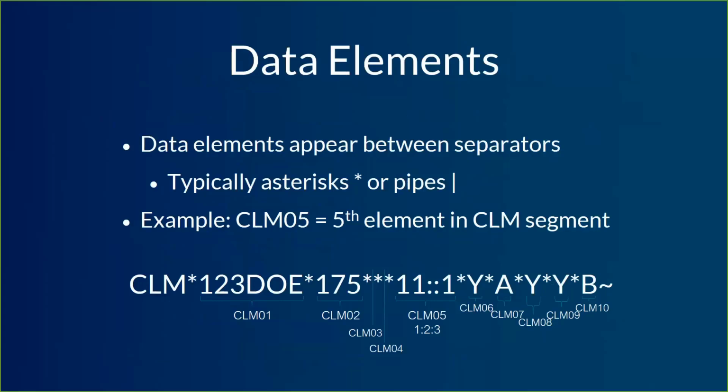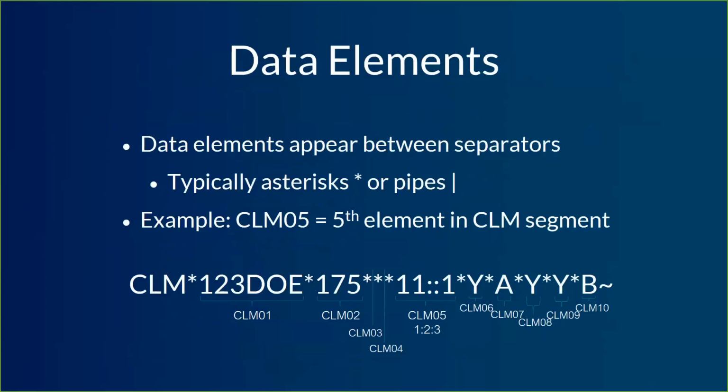When there's a subposition present, there's going to be a different type of separator. In this case, it's a colon. Usually it's either going to be a colon or a caret, which is the symbol above the 6 on your keyboard. And the way we usually talk about this, in CLM05 subposition 1, we've got this 11. In CLM05 subposition 2, that's the bit in between the colons.